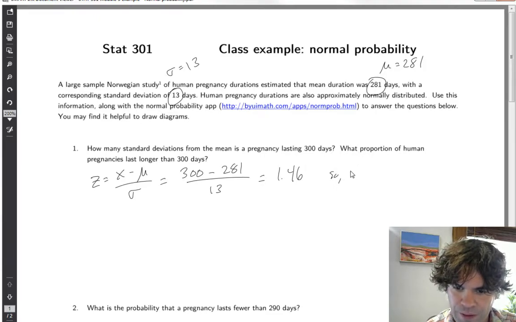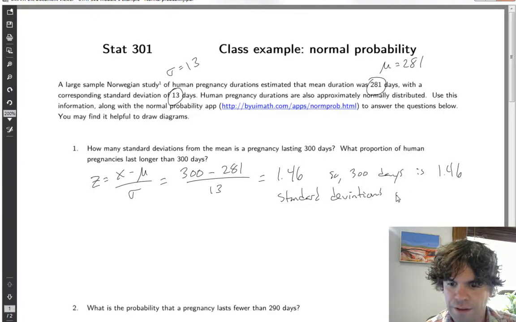So 300 days is 1.46 standard deviations above the mean.